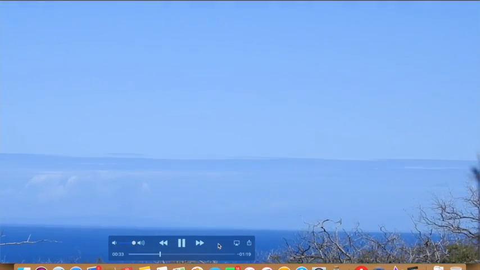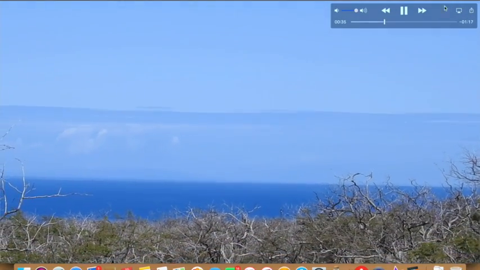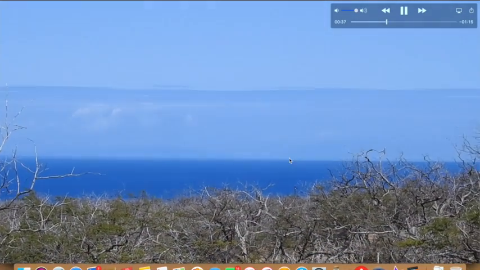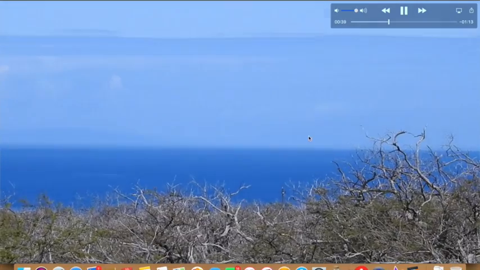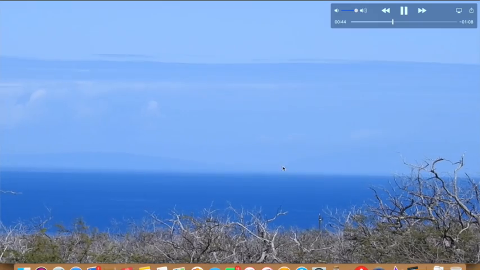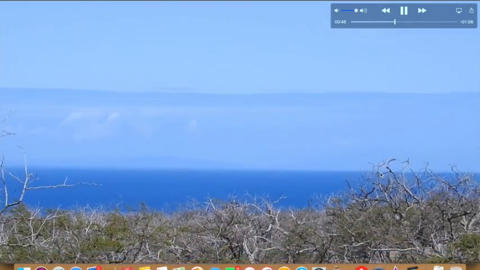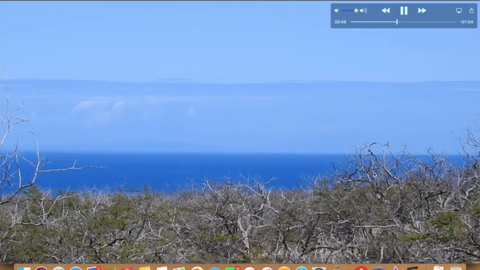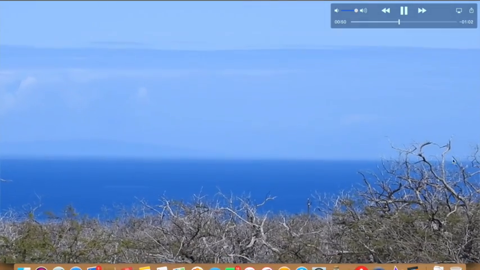And set this up there. We have a hard time seeing Lanai, but it's here. Whoa! Right. Here's Lanai. And too bad there's too many trees there.